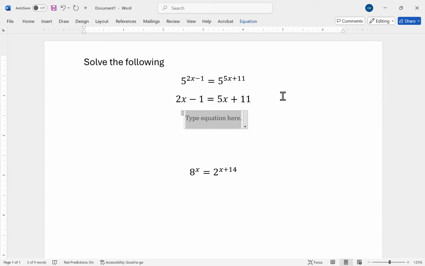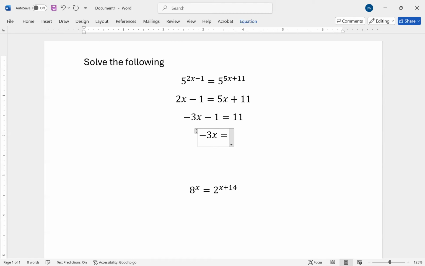I would subtract 5x from both sides. That would give me minus 3x minus 1 is equal to 11. And then I'd add 1 to both sides, which would give me a negative 3x is equal to 12. Dividing both sides by negative 3 gives me an x value of negative 4.